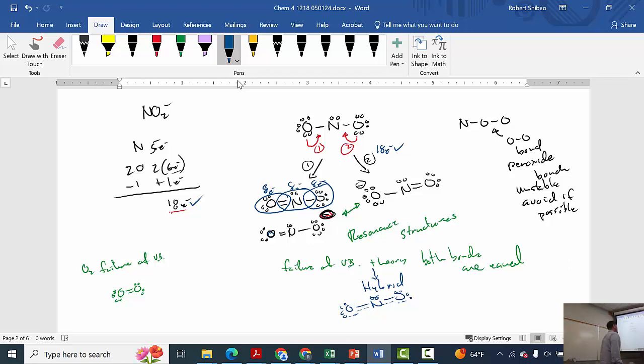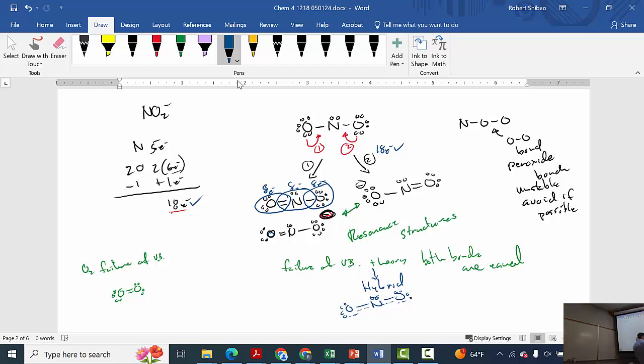So we end up with some kind of structure like this. Rather than going from double bond, single bond, double bond, single bond, and oscillating, it's just one bond. And both of these bonds are exactly the same through experimental measurement. And so the valence bond predicts these bonds are going to be different lengths.